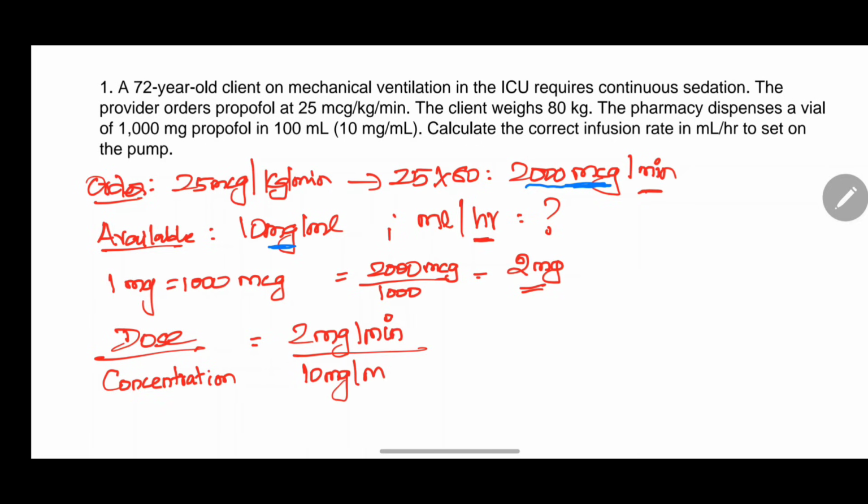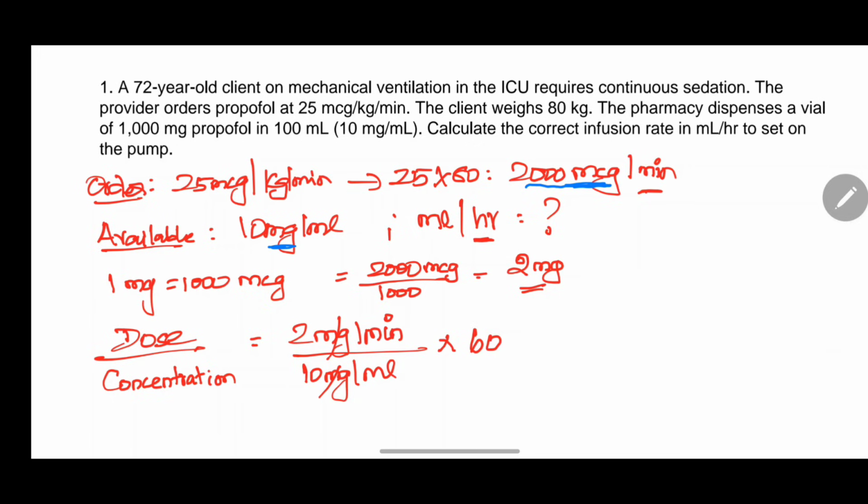Now one more thing is we have to convert it into hour, right? The final answer should be in hour. We can first divide it and then multiply it by 60 to convert it into hour. Also we can multiply it by 60 right now.